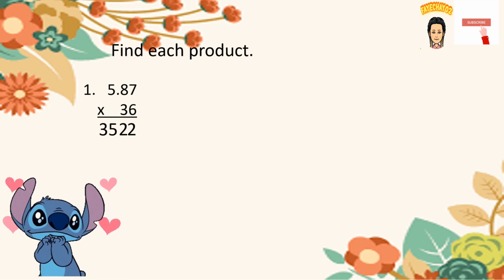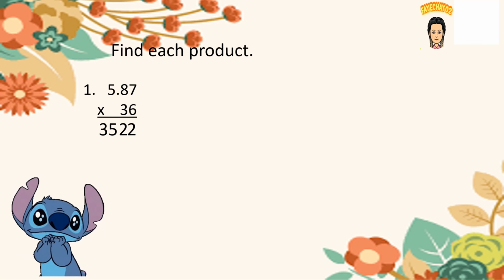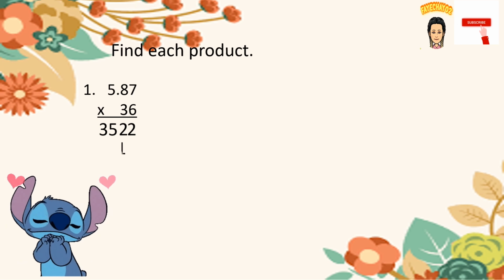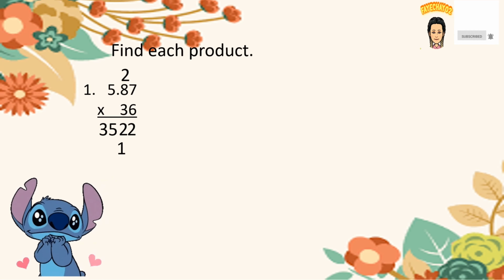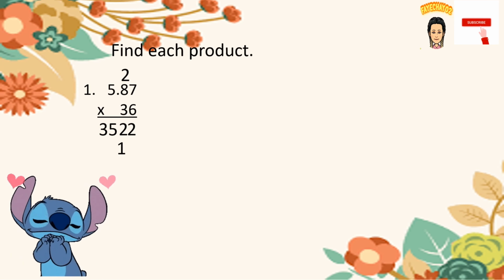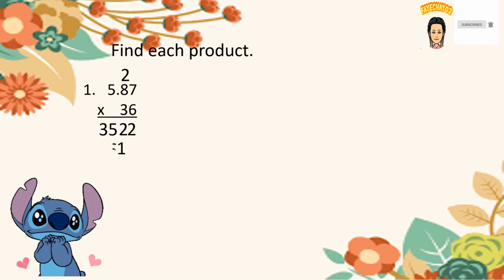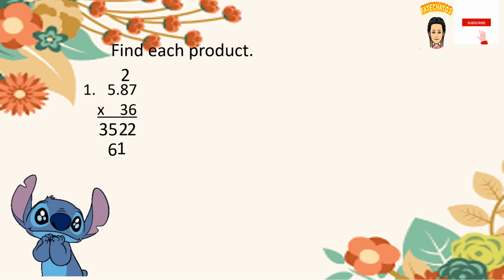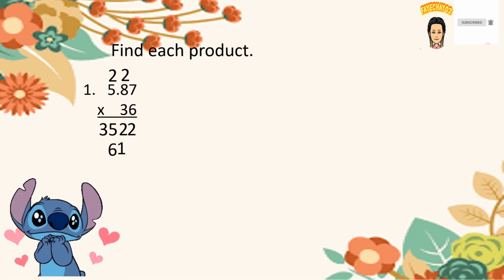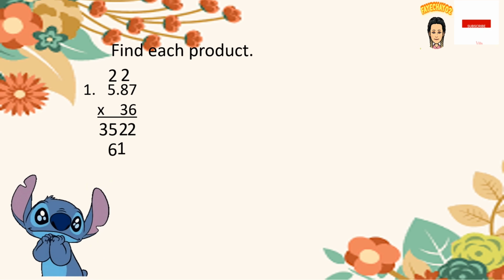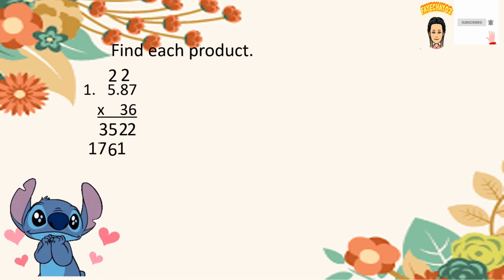Then, 3 times 7. 3 times 7 is 21. We will put 1 on the tens place, then regroup 2. 3 times 8 is 24 plus 2 is 26. 6 regroup 2. 5 times 3 is 15 plus 2 is 17.